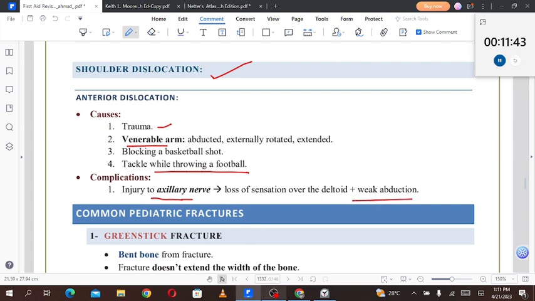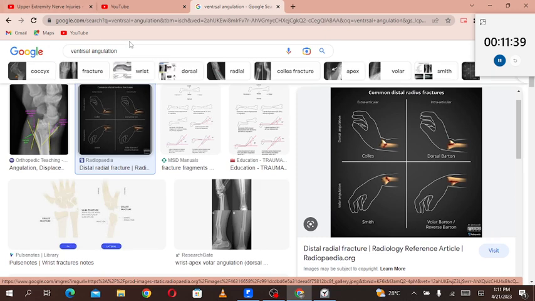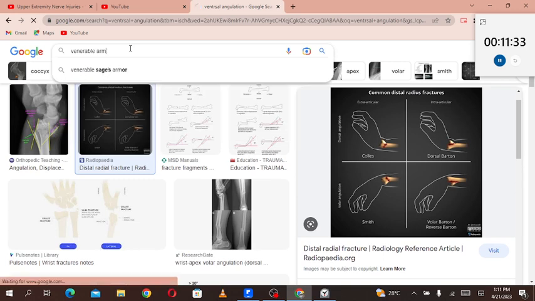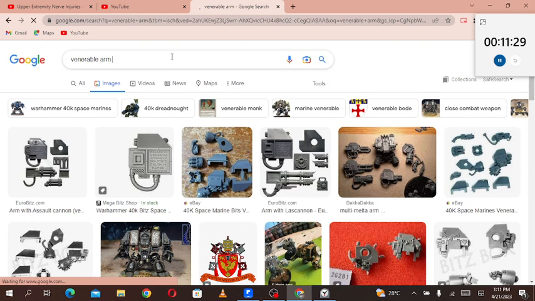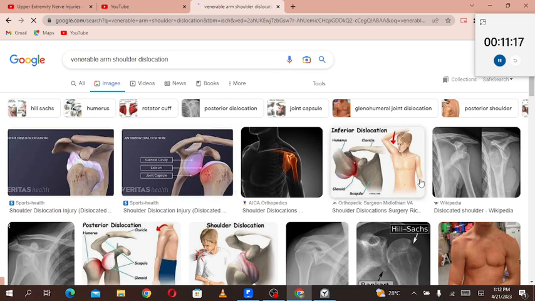So vulnerable arm, what's that? So vulnerable arm looks something like this. This is an inferior dislocation.